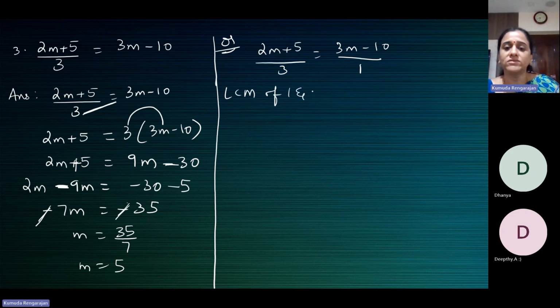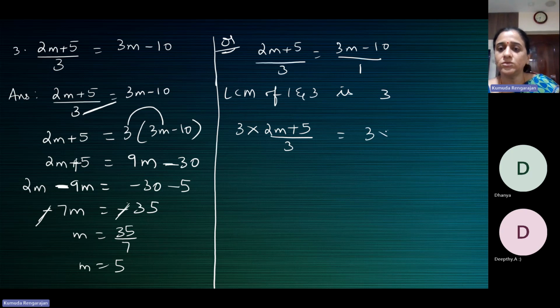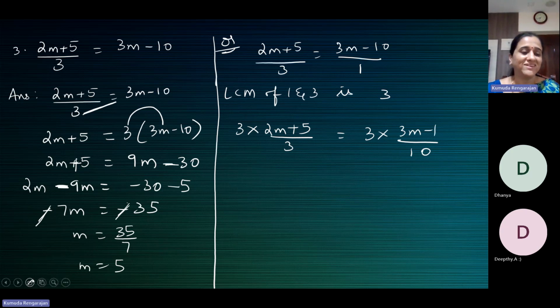LCM of 1 and 3 is 3. So multiply all the terms by the LCM 3. So it will be 3 into 2m plus 5 by 3 is equal to 3 into 3m minus 10 by 1. Correct?